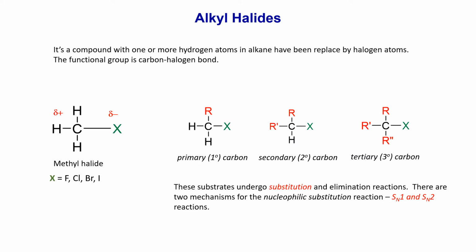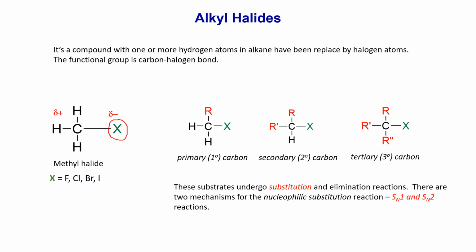As mentioned earlier, alkyl halides are compounds in which one or more hydrogen atoms in an alkane have been replaced by halogen atoms. So if you look at a simple alkyl halide, which is a methyl halide right here, you will see that one of the hydrogens is replaced with a halogen atom.